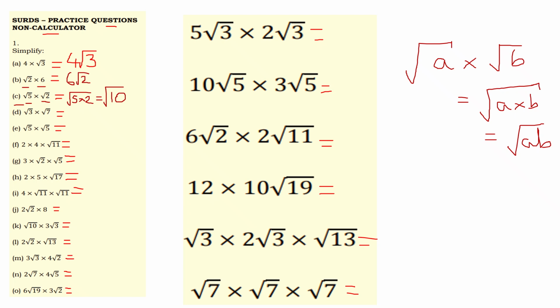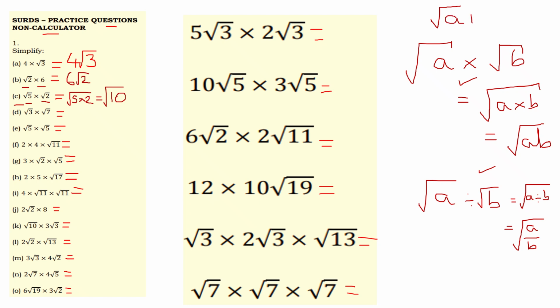If you're multiplying roots together, you can write it under one square root. And when we come on to division, if I have root A divided by root B, I can write it under one square root, so the square root of A divided by B, or in fraction form, A over B. But we'll come on to division in a different video. Unfortunately, this doesn't work for addition and subtraction.